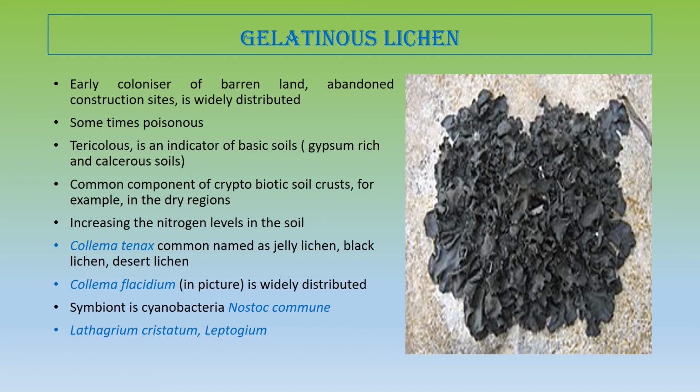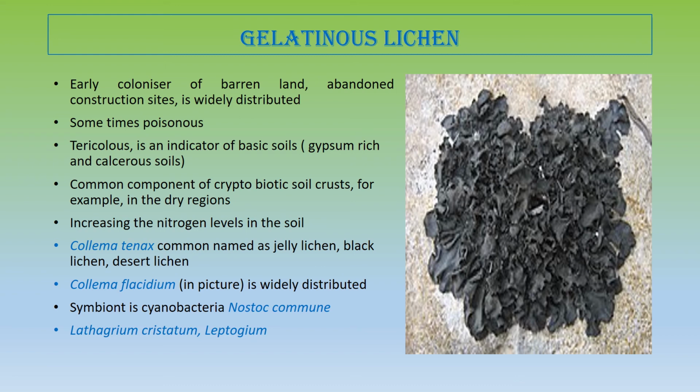Cryptobiotic soil crust helps in stabilizing the soil, and it is especially found in arid conditions, and very high or very low temperature conditions, where the rate of soil formation is low.